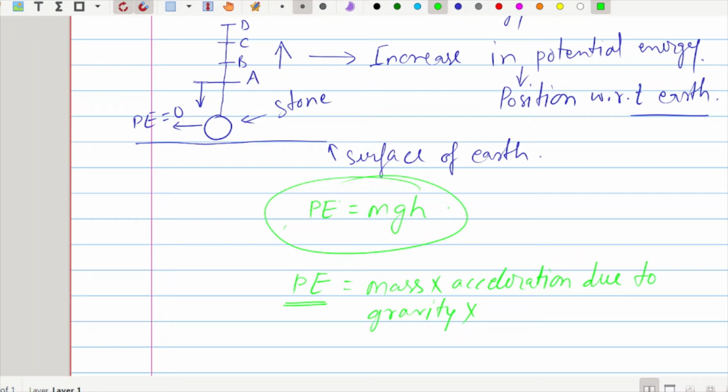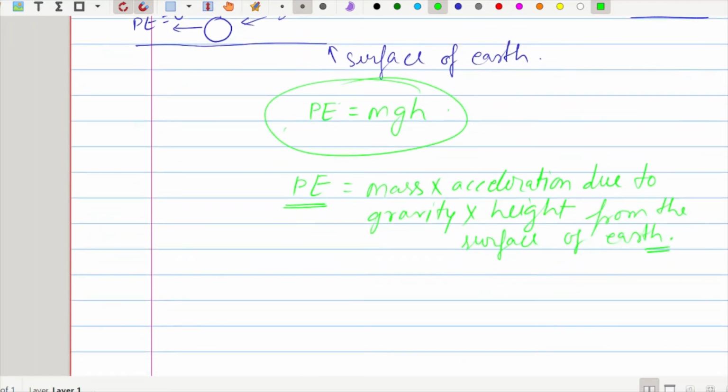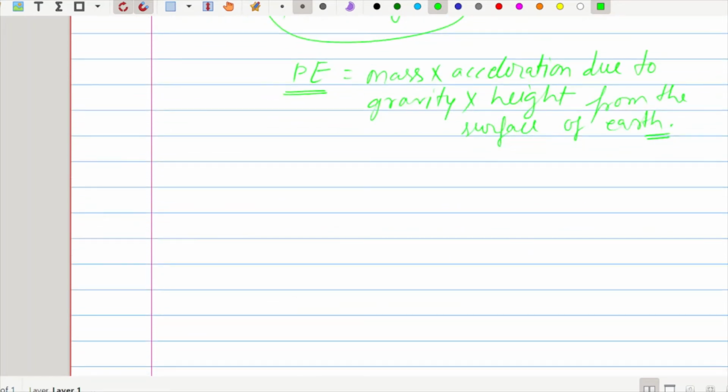And h is height from the surface of earth.